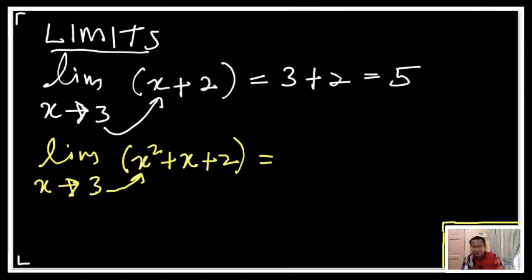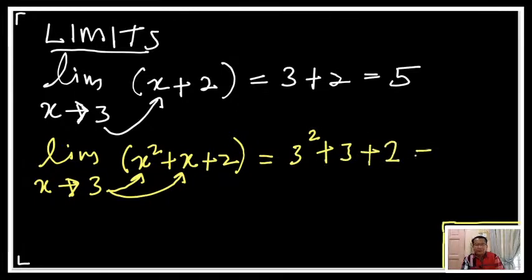Whenever you have x, you change it into this number or any symbol here: a house, a tree, a number, 3.2, 4, 0.1, pi. You substitute into all x. So this one you have 3 square plus 3 plus 2. Now you solve this, you get 14.